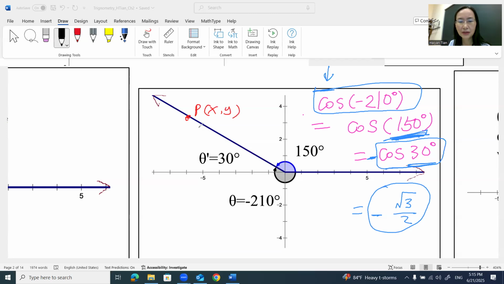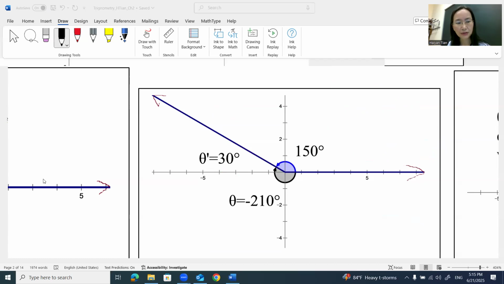If you pick any point on the terminal side, the x must be negative. Cosine, which is x over r, has x negative, so cosine has to be negative. So a quick review for cosine value: it has to be negative. Then we put the correct sign for the given problem.